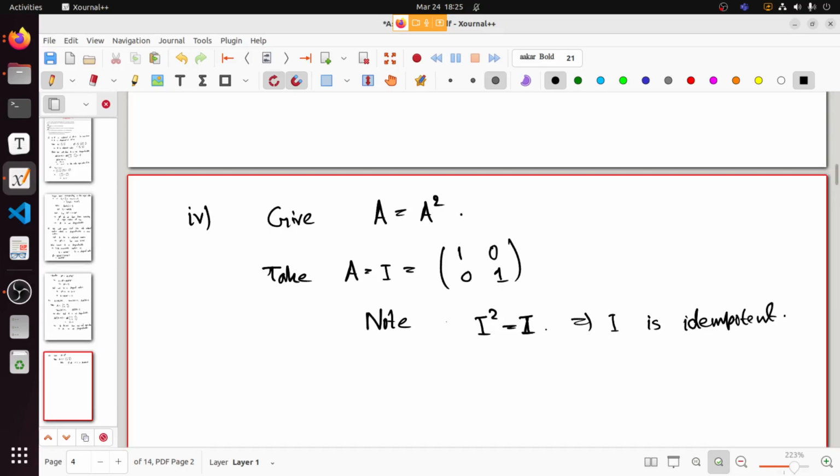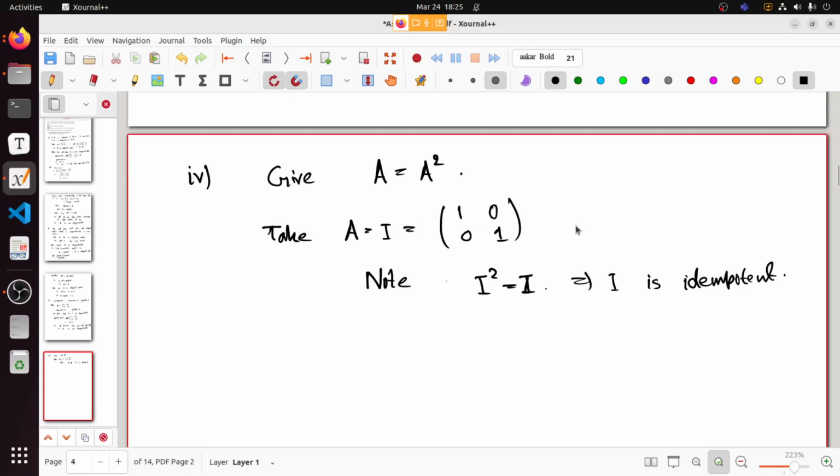But what are the eigenvalues of the identity matrix? This has only 1 as an eigenvalue. 0 is not an eigenvalue of identity. Let's check this.